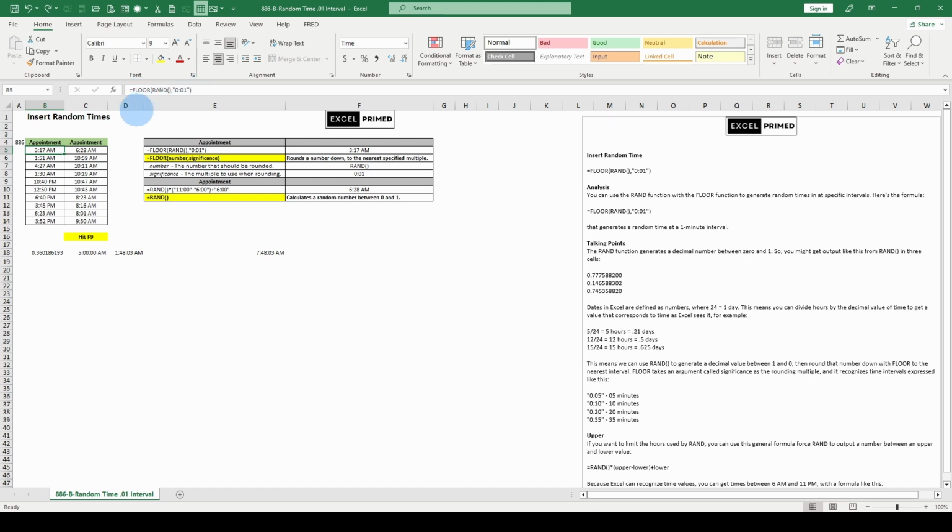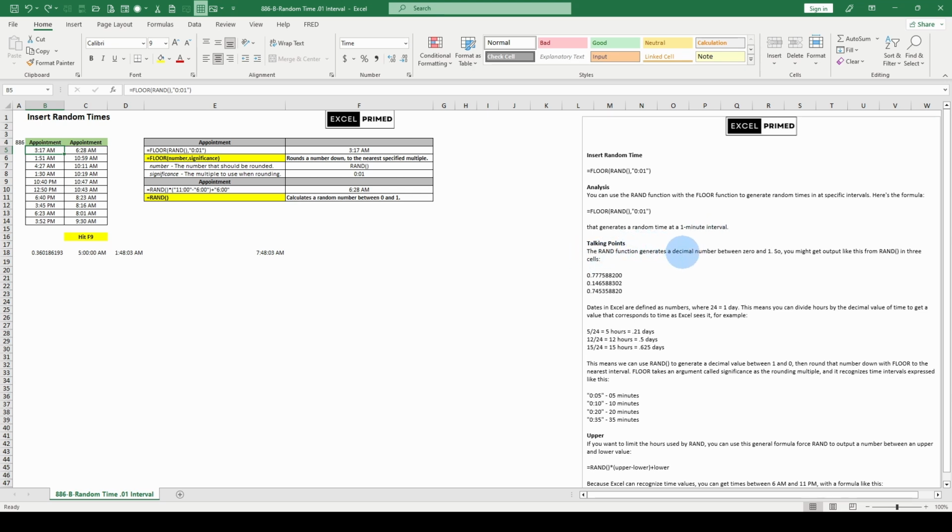And what does that do? That's increments of 1 minute. Within RAND, it's going to pick a random time, and we're just going to get increments of 1 with FLOOR. You can use the RAND function with the FLOOR function to generate random times at a specific interval. Here's the formula: FLOOR with RAND generates a random time at 1-minute intervals.